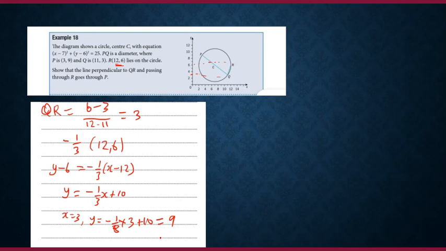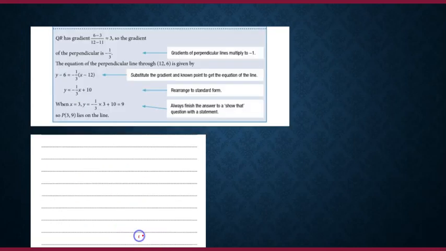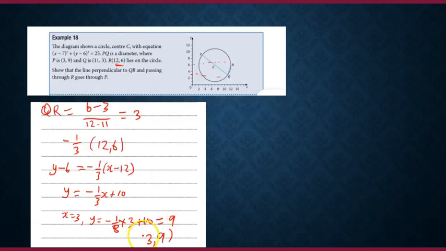So the point that we are looking for is simply (3, 9). This point lies on the line.